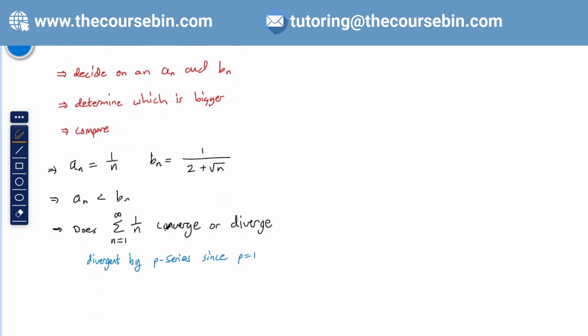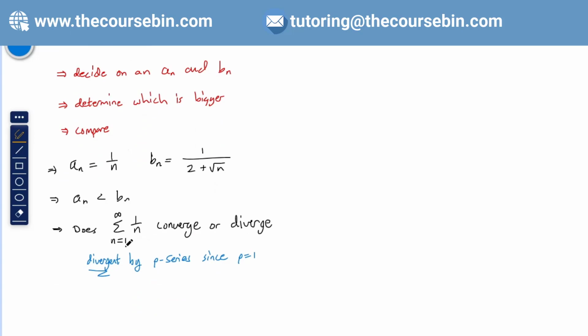Also, this is the harmonic series, right? Sum of 1 over n is the harmonic series, which diverges. So now we know that this series diverges. And what we want to do is make a conclusion based on the comparison test.